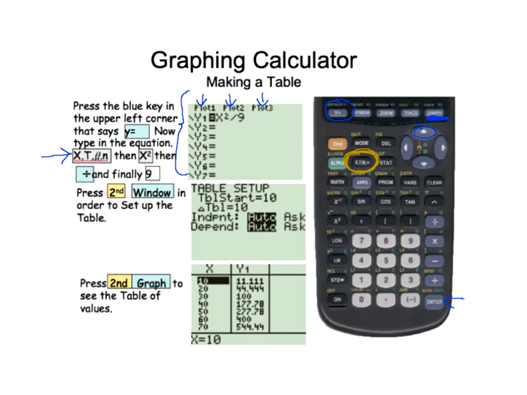This is your variable button that you use, X,T,theta,n. As long as you're in function mode in your calculator, if you hit that button, it'll give you an x. It won't give you a t or a theta or an n. Those are for different types of graphs. It will give you an x.